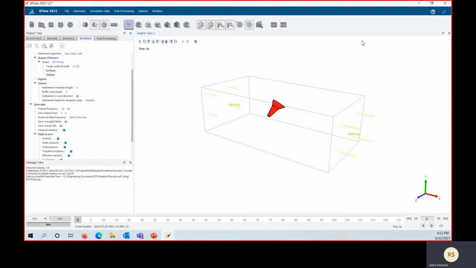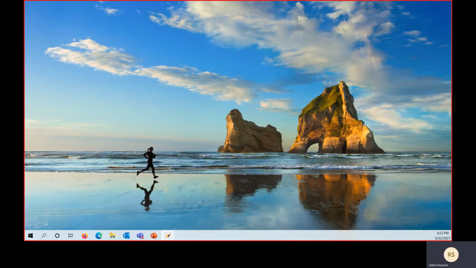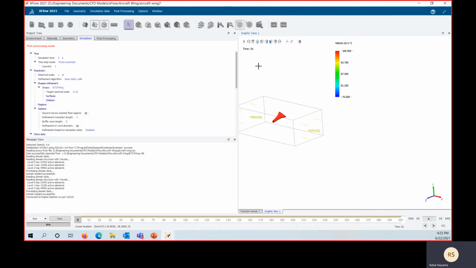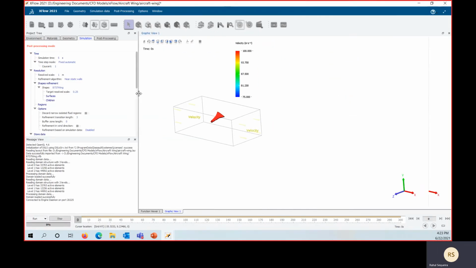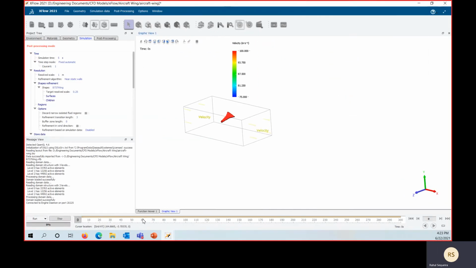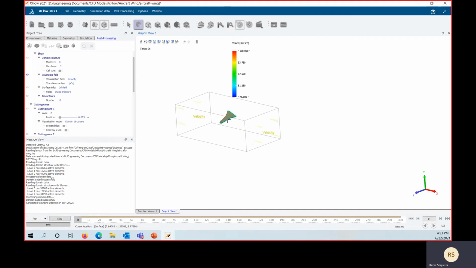So I won't do that now because I already have a ready simulation for this, and I'll show that. As you can see here, the simulation is ready because the frames have been simulated before this webinar. We can now go through the intuitive post-processing tool where you can firstly see the domain structure or the lattice structure of the aircraft.